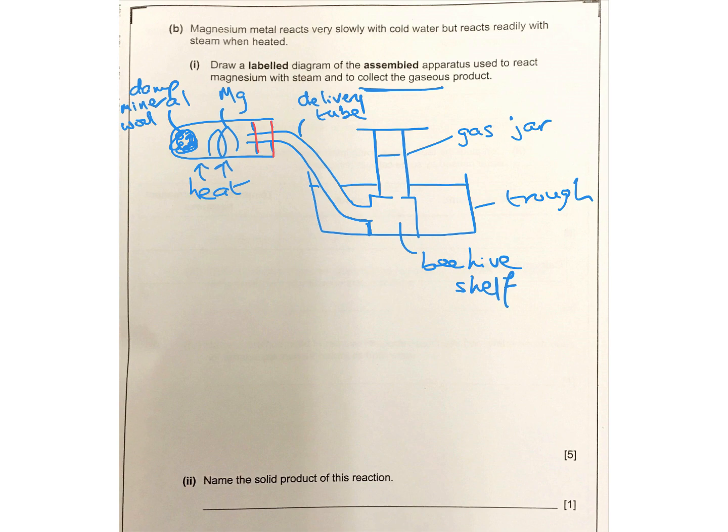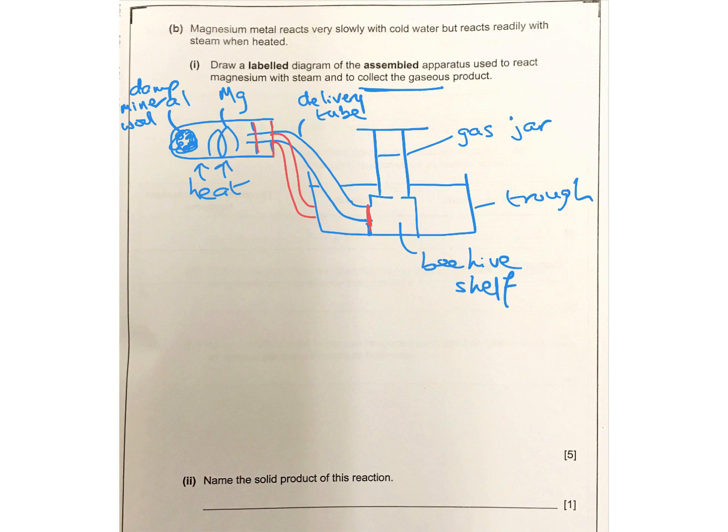Another common mistake is that people will draw the delivery tube going through the water trough. Obviously, you can't do that. It has to go in along the top of it. And then if we go in here, sometimes people just draw it like that.